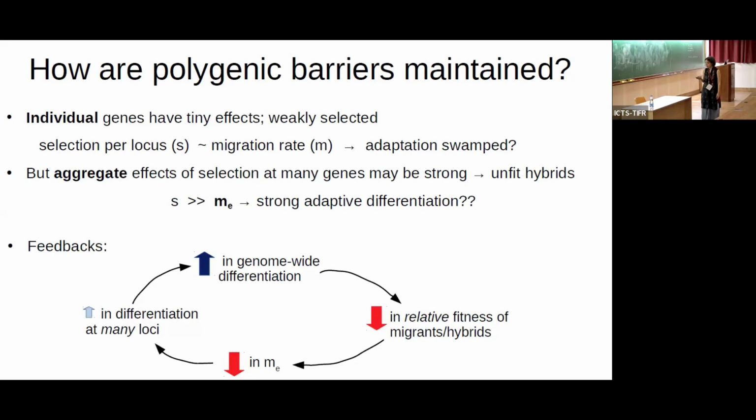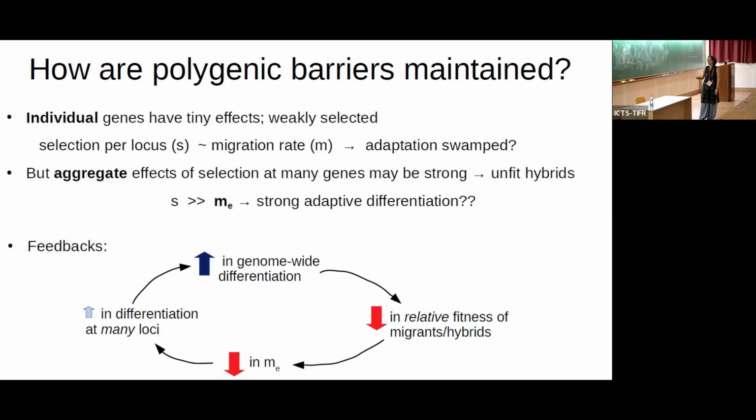And the important thing also is that there's a positive feedback here. If there is weak differentiation at many, many loci along the genome, this could still be consistent with strong genome-wide differentiation, in the sense that if you think of a polygenic trait that's determined by many loci, you could have significant phenotypic differences maintained by relatively small allele frequency differences between populations, in which case the relative fitness of hybrids can be quite low, because hybrids are intermediate between these two highly diverged phenotypes.